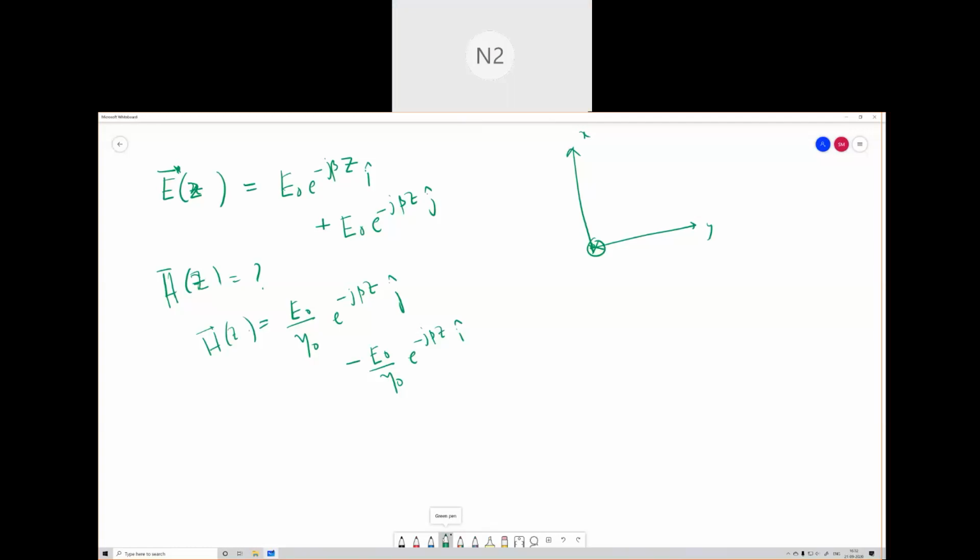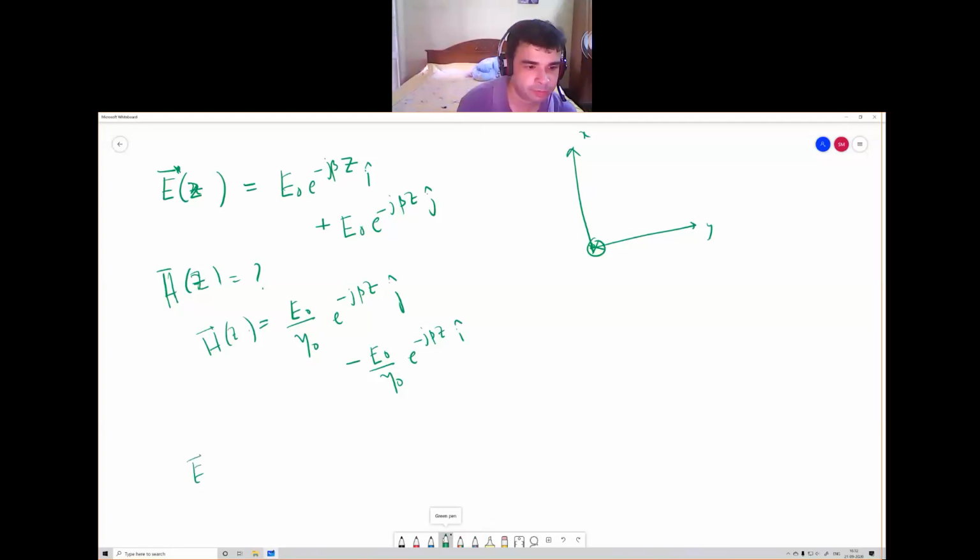Let us take the dot product of E and H. For the unit vectors, i dot j will be 0, since i and j are perpendicular. Agreed?